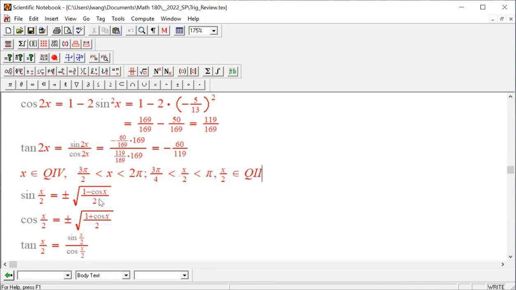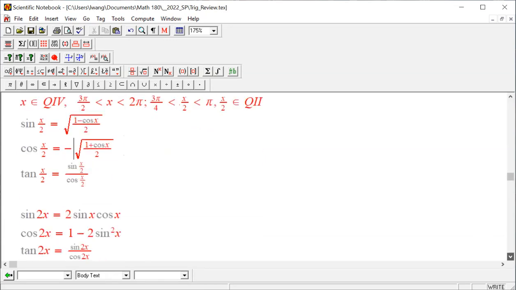And what does that mean? Half x in the 2nd quadrant, sine half x will be positive, but cosine will be negative. Right? So in the 2nd quadrant, sine is positive. That's it. So we just plug in cosine x.